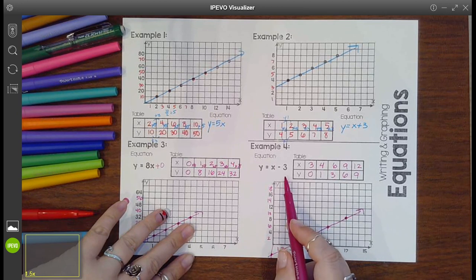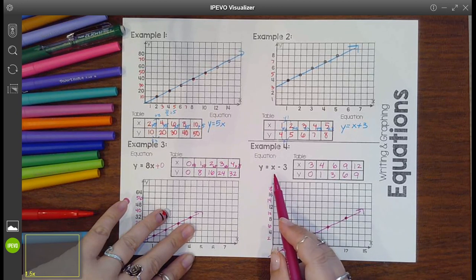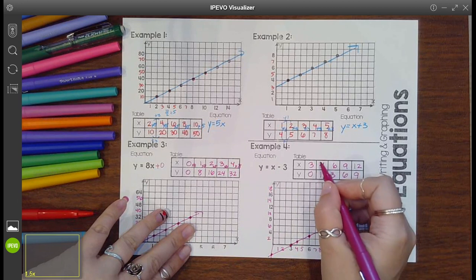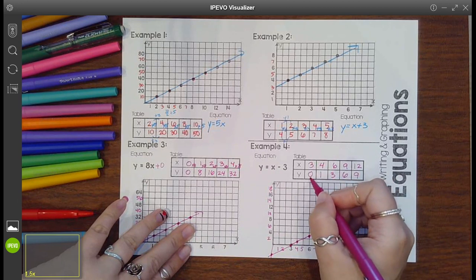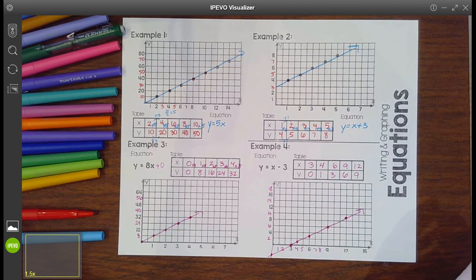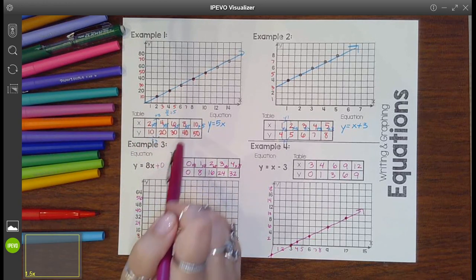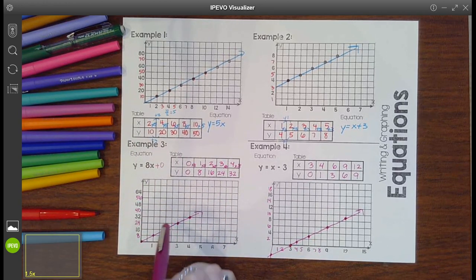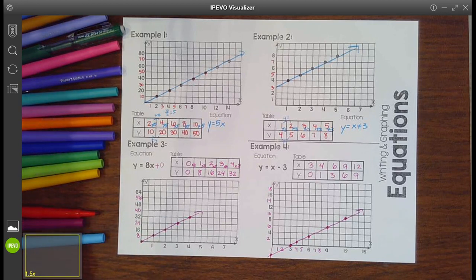And that's what's here. And then your rate, each time you went up 1, it went over 1. Just something to keep in mind as you do these. But now you know how to go from if they give you a graph to an equation, or if they give you an equation to a graph. Congratulations, my little mathematicians.